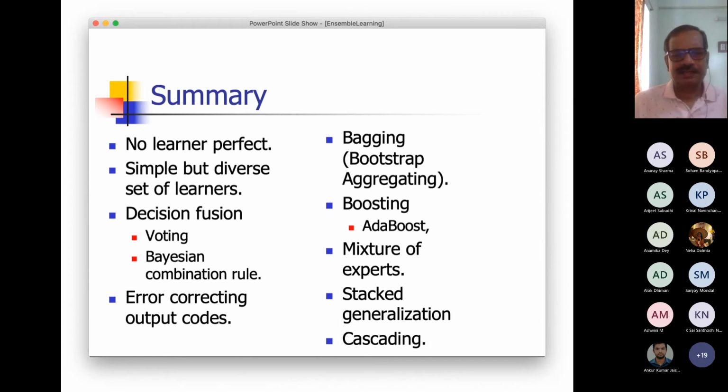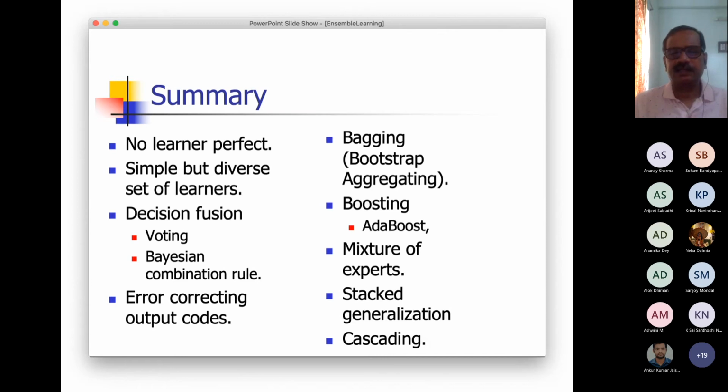It is something like the stacked generalization we discussed, but in this case the codes are given for a particular class in such a way that two classes maintain sufficient distance in the encoding process. So if there is any error in the code itself, as a certain learner makes a mistake, still it can be corrected and you can take the correct decision. That is the idea there. Of course, there are redundancies and other issues, but this is also another robust way of taking a decision.